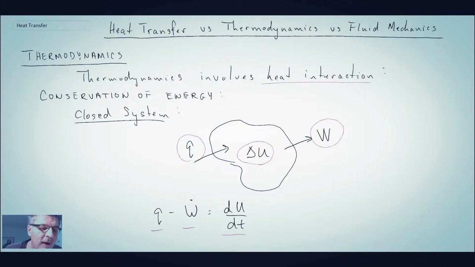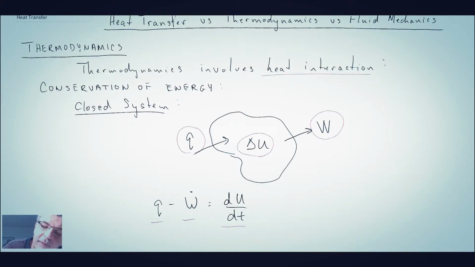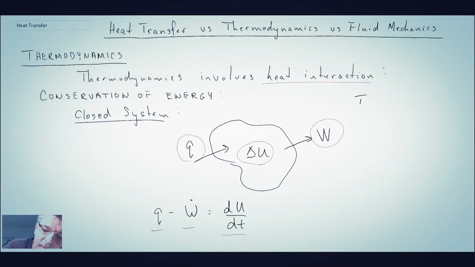Concerning the units, I need to make a little bit of a comment here about the units that we're going to use. If you recall from thermodynamics, we'll take a look at the units for heat transfer.